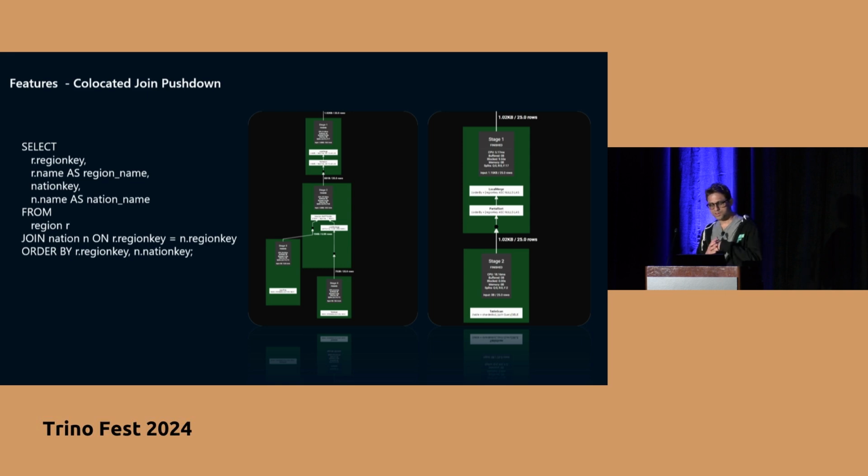On the right, the connector understands that the table is laid out by region key, so it decides that it can push down the join to the SQL Server node, and that's how we end up having this plan where we don't have to perform the join in Trino. So this is just an example of how the connector is smart enough to push down joins and compute-heavy operations whenever it can.